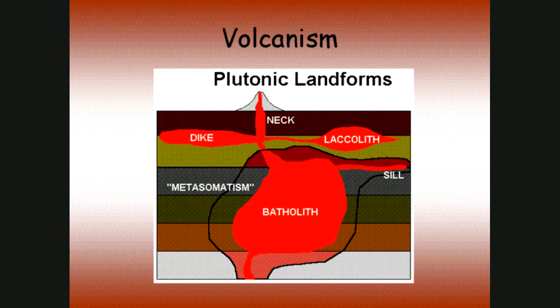So dikes can be vertical as well as horizontal. But you need to understand that the biggest of all of them would be the batholith. In fact, the core of the Idaho Rocky Mountains is a gigantic granitic batholith called the Idaho batholith. How about that? We have our own batholith. Pretty cool, huh?